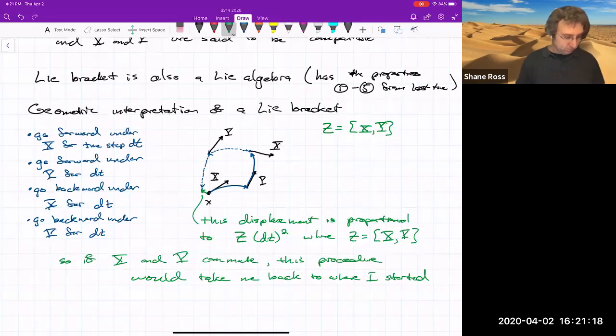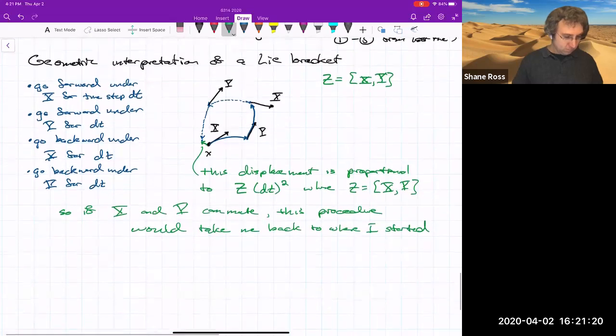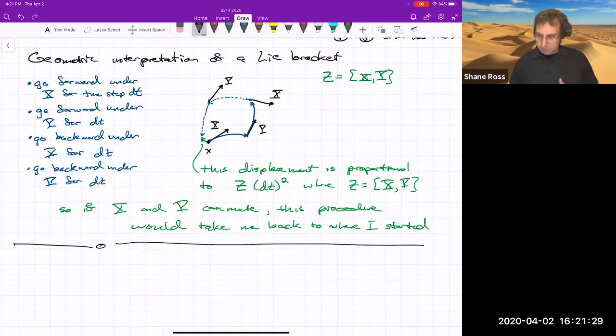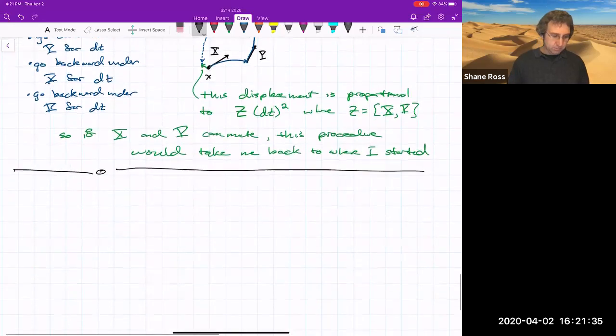Okay. So what I set up above about Lie brackets was true for any vector fields. Now I'm going to specialize to Hamiltonian vector fields.